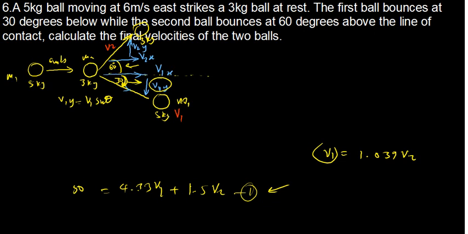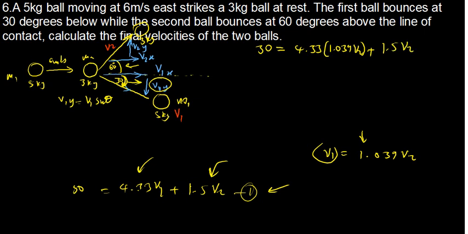So what we have from this equation, which is here, is we have 30 is equal to 4.33. Where there was v1, then I substitute that one, which is 1.039 v2, and then plus we have got 1.5 v2.